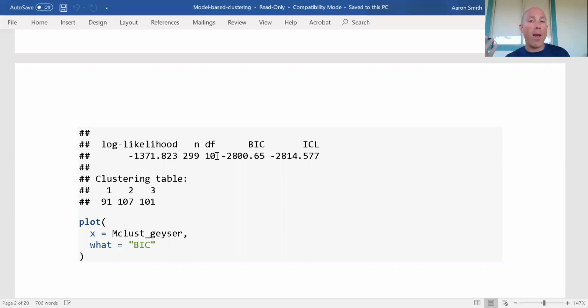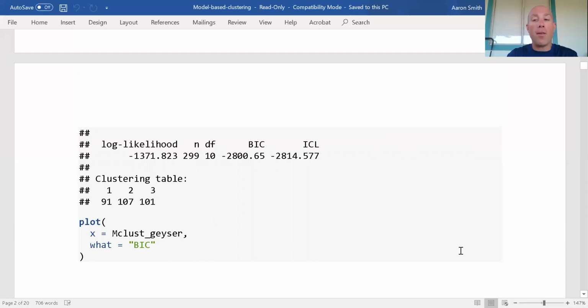The more parameters I have, the more I can overfit, and I don't want to overfit. So the BIC gives me an idea of a good way to go. Here we've got 3 different distributions, and it's saying 91 points correspond to the first one, 107 in the second density, and the third has 101 points coming from that density.